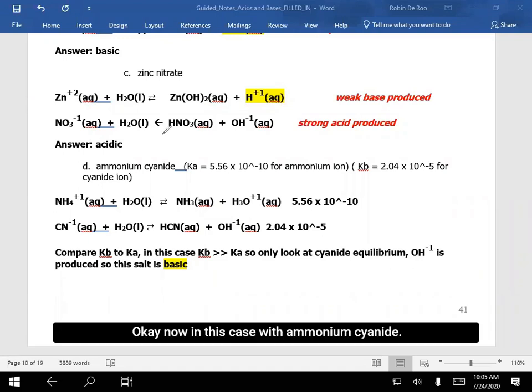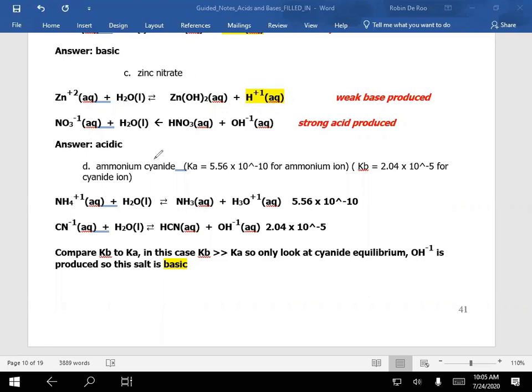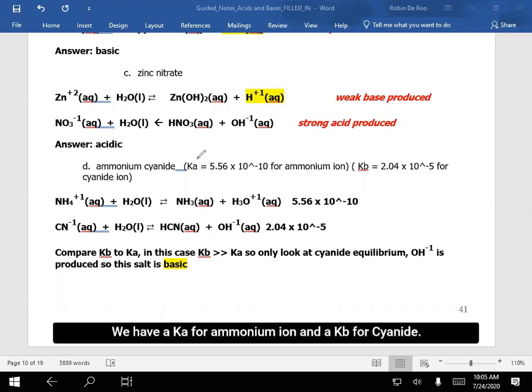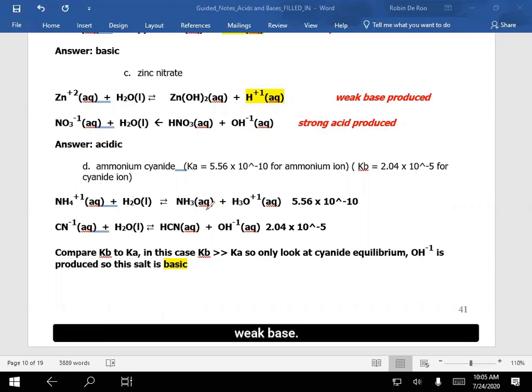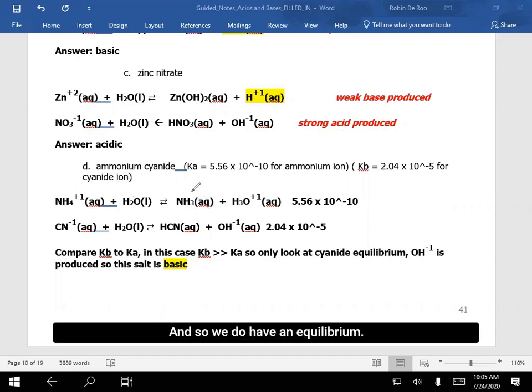Okay, now in this case with ammonium cyanide, we have a Ka for ammonium ion and a Kb for cyanide. So let's just take them one at a time. Ammonium ion plus water gives us ammonia, which is a weak base. And so we do have an equilibrium. We have cyanide plus water.